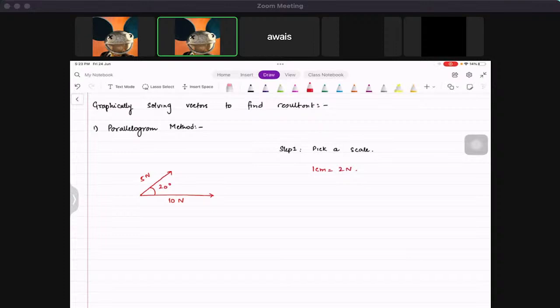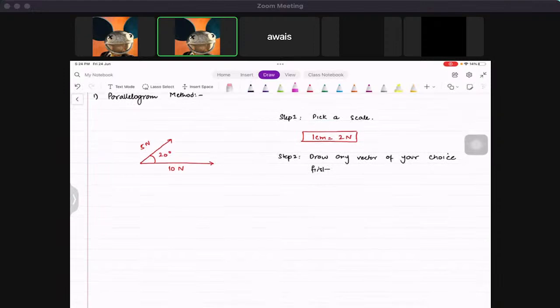Now you're going to follow this scale throughout the whole thing. Step 2 is that you draw any vector of your choice first. Suppose I pick the 10 one. According to my scale, if 1 centimeter is 2 newtons, then 10 newtons will be 5 centimeters.